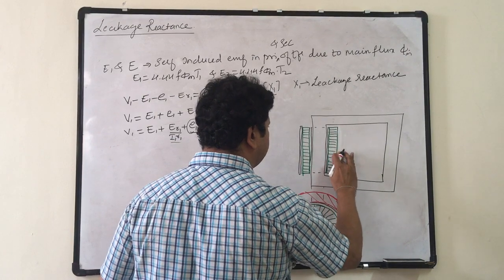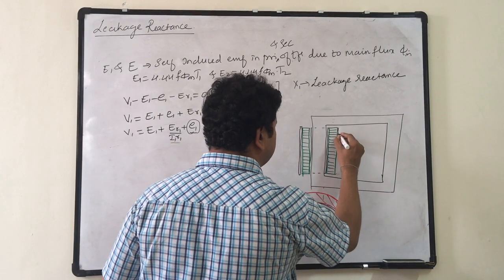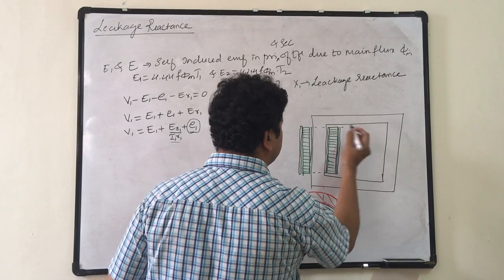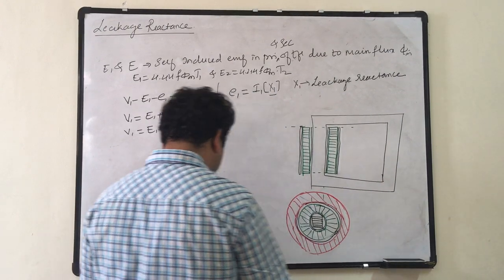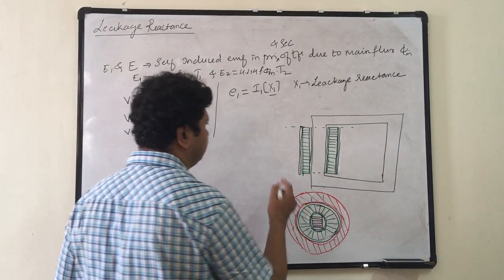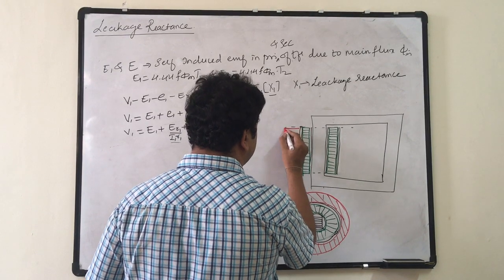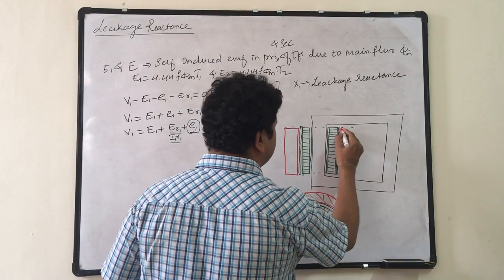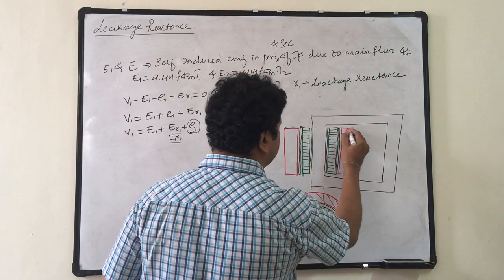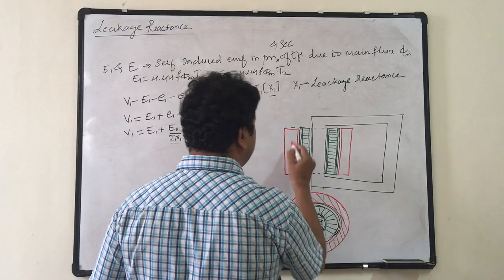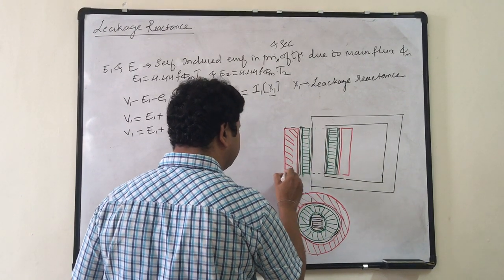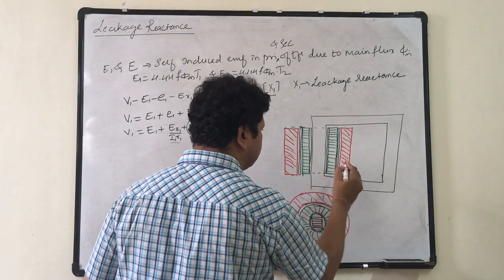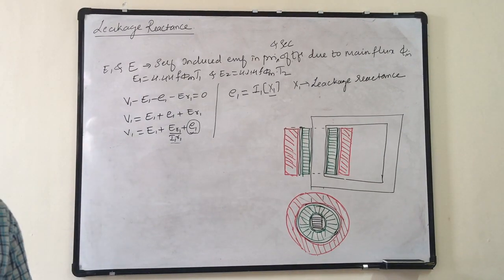I have the air duct here. Then I will place the secondary turns. Okay, so this is the secondary winding. Let me use the hatched structure. So this is how the windings look.